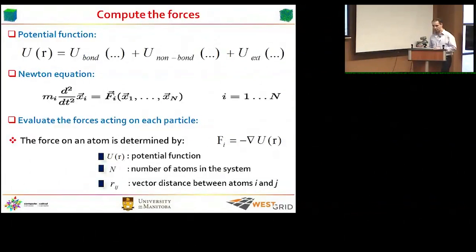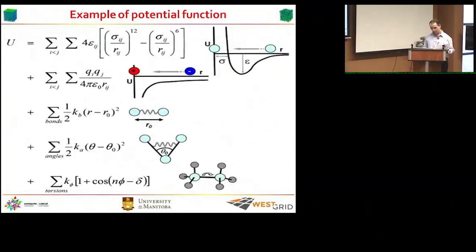So to compute the forces, as I said, we need the potential. For MD, we have to solve this equation, which is the equation of motion. This is an example of the potential used in molecular dynamic simulation. We don't have to use all these equations.